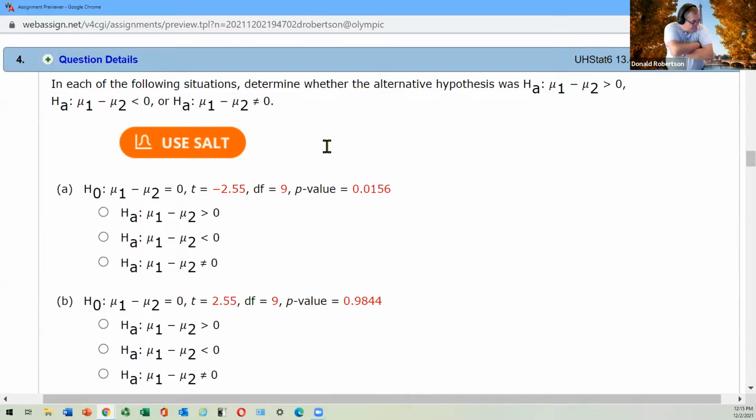Okay, new question. In each of the following situations, determine whether the alternate is the difference is greater than 0, the difference is less than 0, or the difference is not equal to 0. Now, normally you would get a little story in English, but this is different.